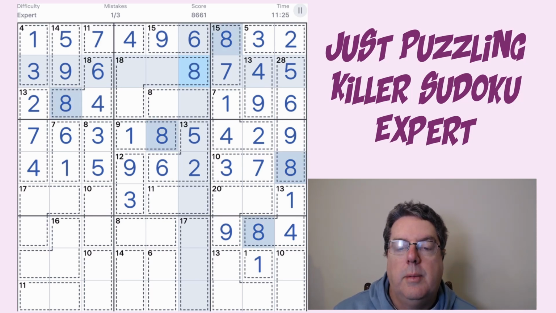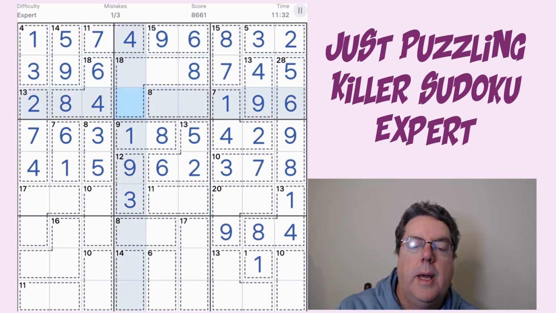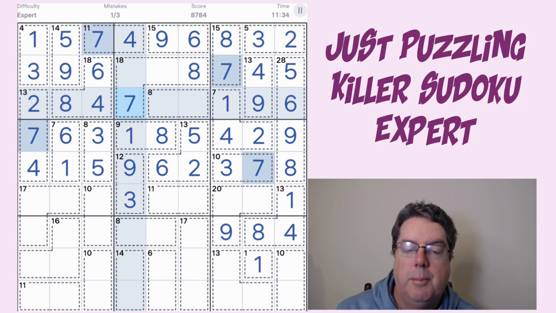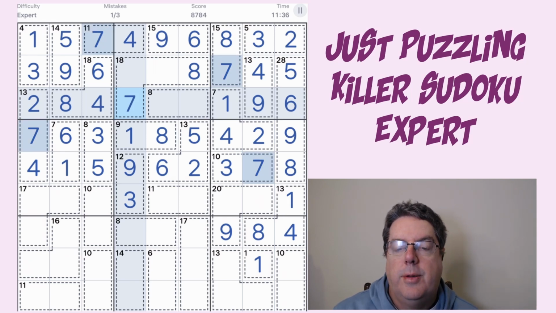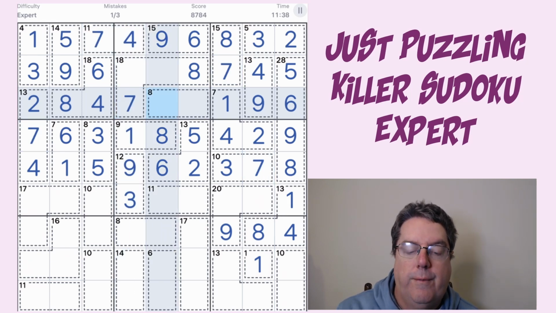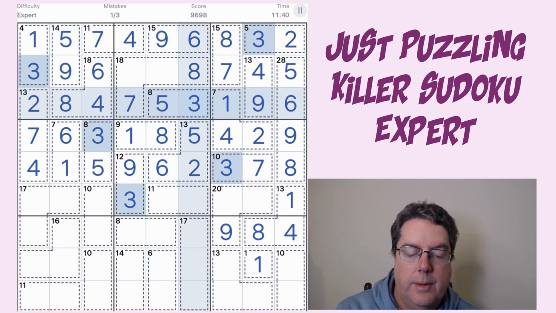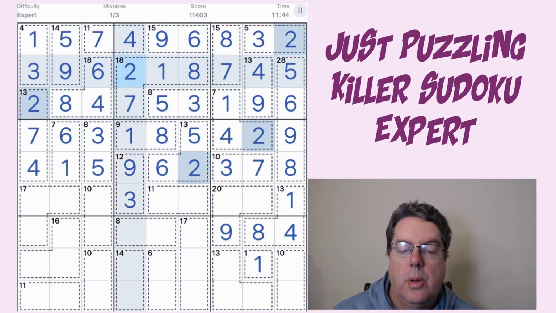So what does that leave me with? 2. 1 and 2 apparently. So 1 and 2 are there, that means that's a 7, adding up to 15. If that's a 7, this is a 3 and 5, so 5 and 3, 1 and 2. 1, 2.